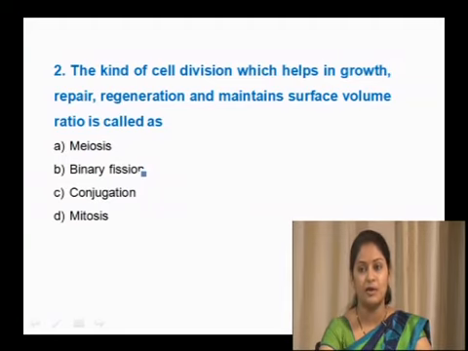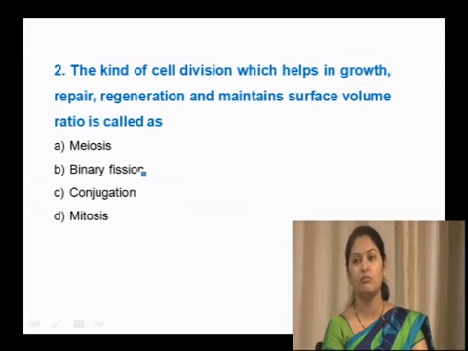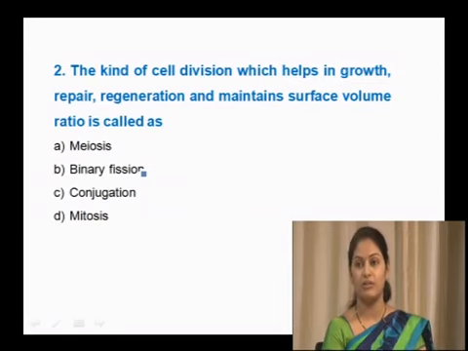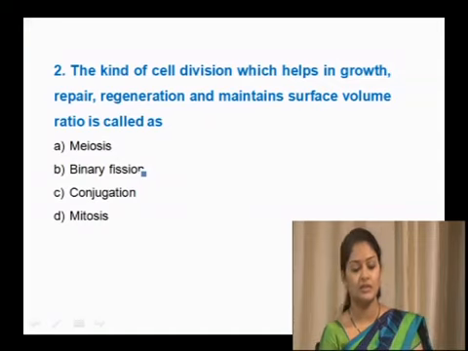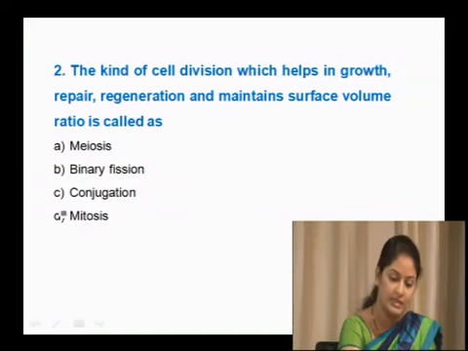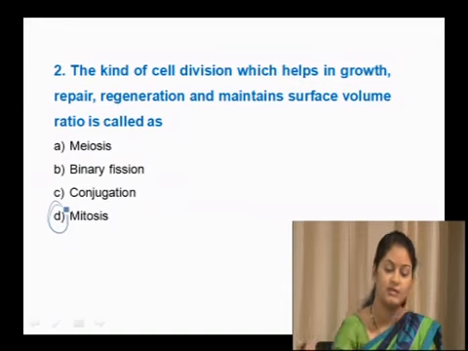Once the cell expands, the cell surface increases, therefore the volume and surface will not match, therefore they have to be brought back to the normal, and for doing so the cell must be divided into two. Therefore the answer for this question is D, that is mitosis.